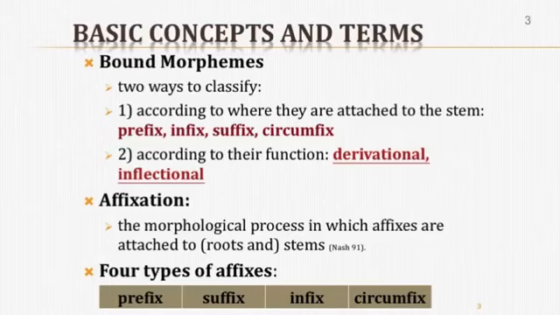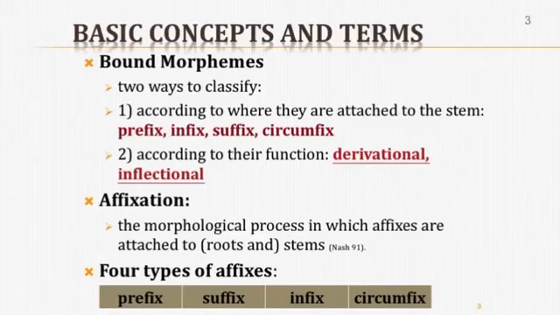If we insert it in the middle, we call it an infix. If the morpheme is attached to a base, which is called a stem, at the end, we call it a suffix. And what about circumfix? It's quite impossible to see in English. I don't think it exists, at least in formal speech. In English we don't have circumfixes, but we do have them in some other languages.